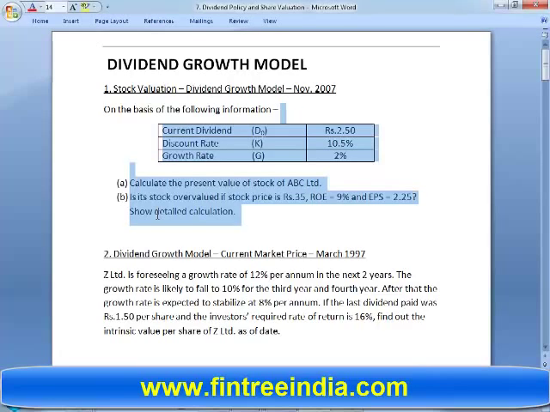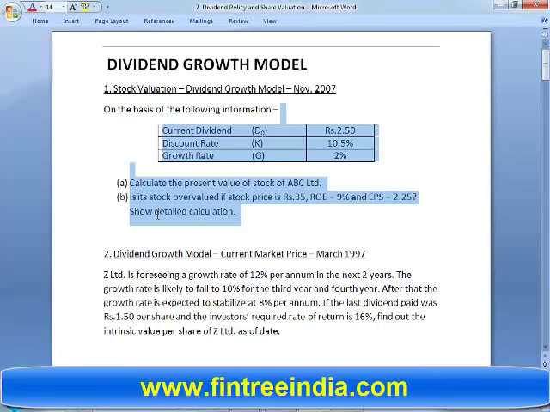So then write down EPS 2.25, discount rate 10.5%, उसके नीचे justified market price per share.